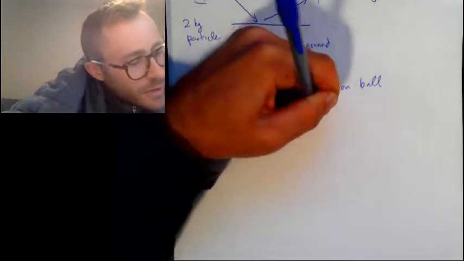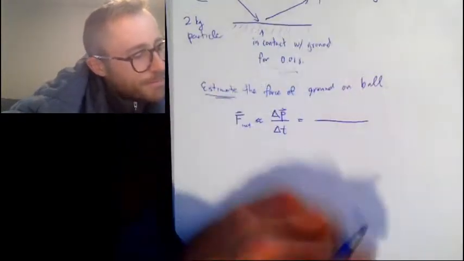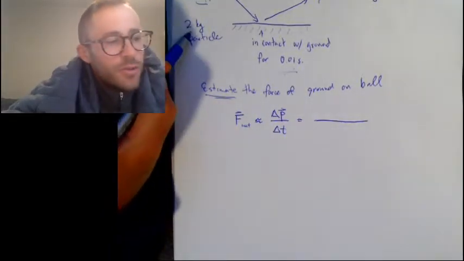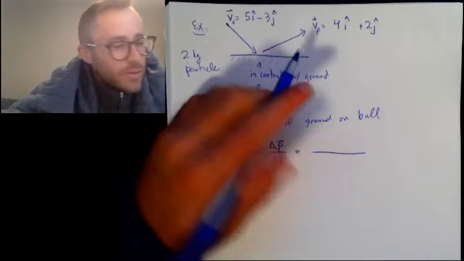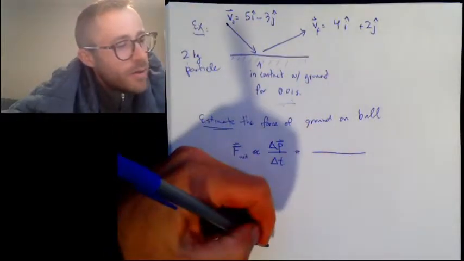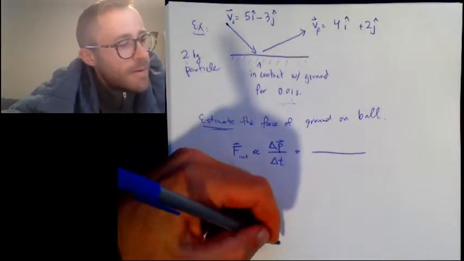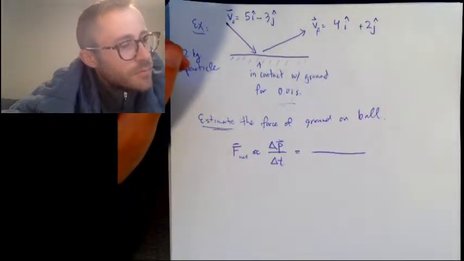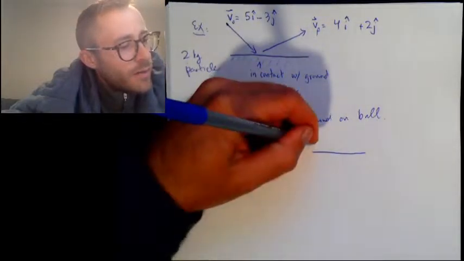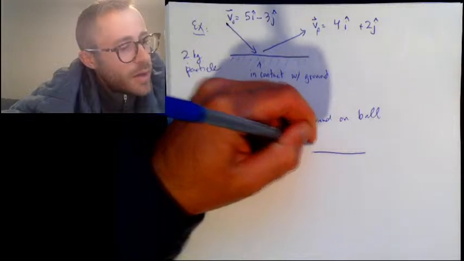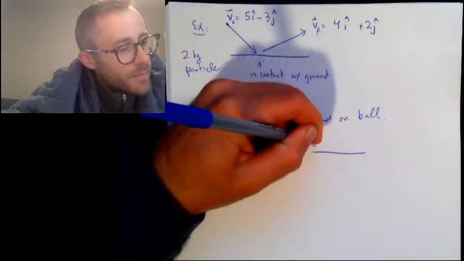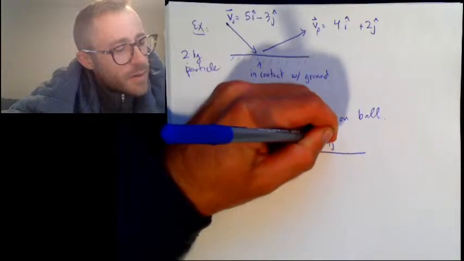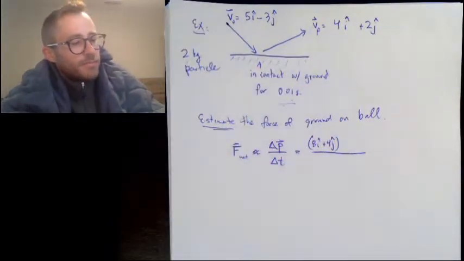So the final momentum is going to be 2 times this vector right here. Okay. So we are going to have 8i plus 4j is the final momentum.